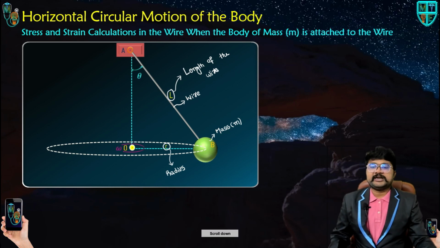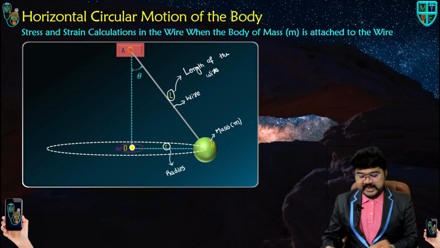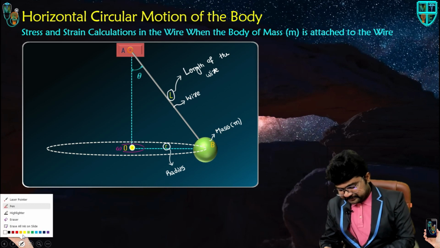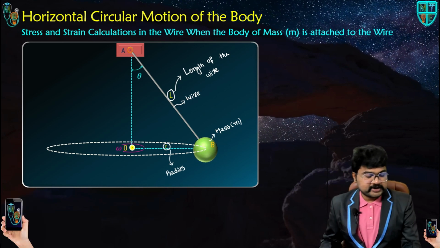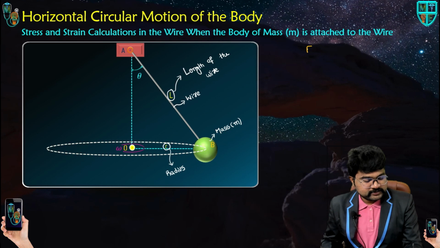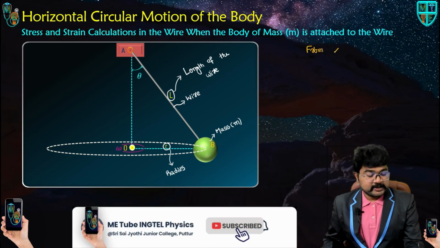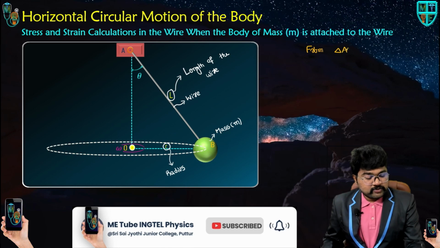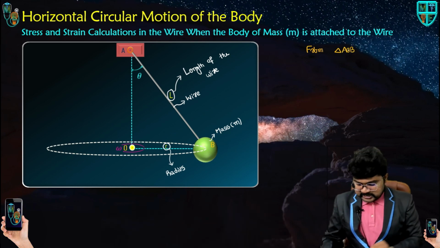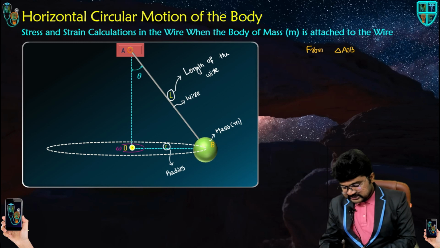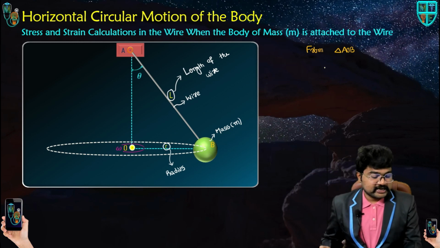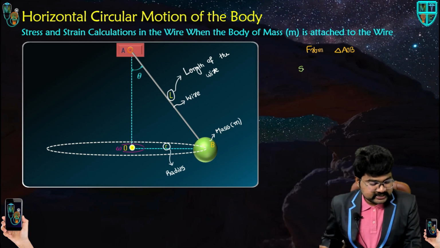So this would be theta. From triangle AOB, what is sine theta?